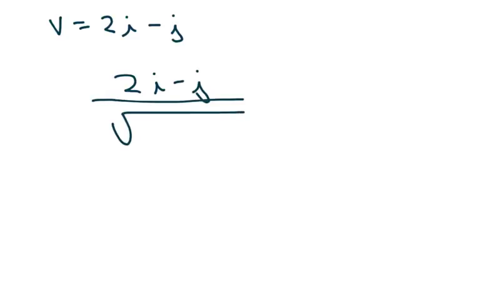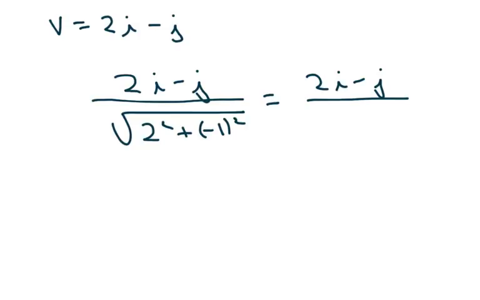The last one we have is v equals 2i minus j. We get 2i minus j over the square root of 2 squared plus negative 1 squared, which is 2i minus j over the square root of 5.